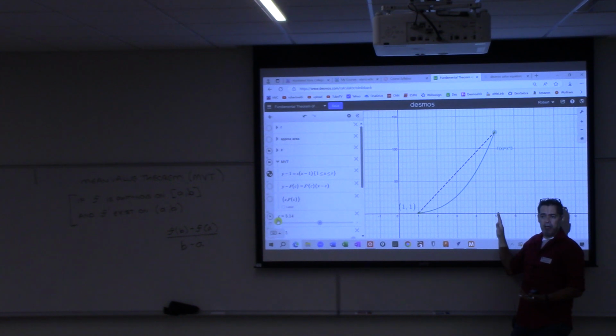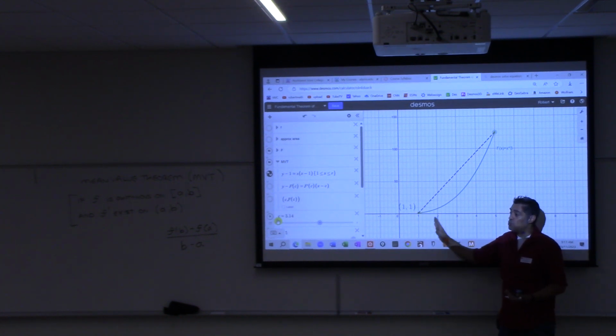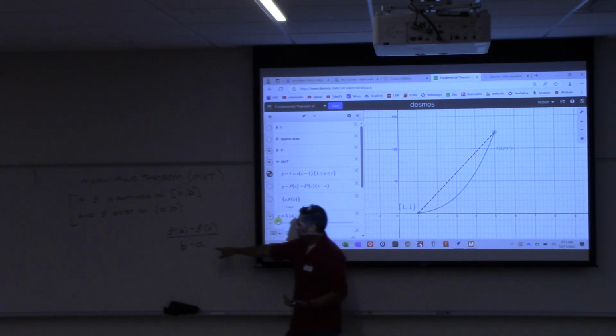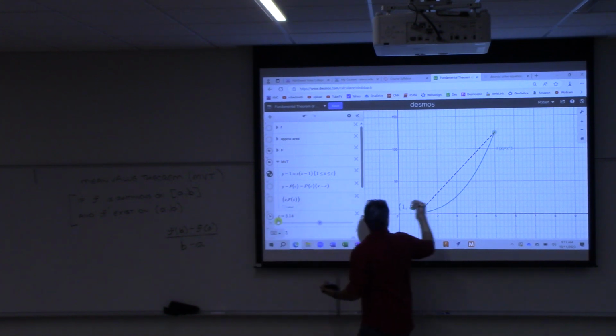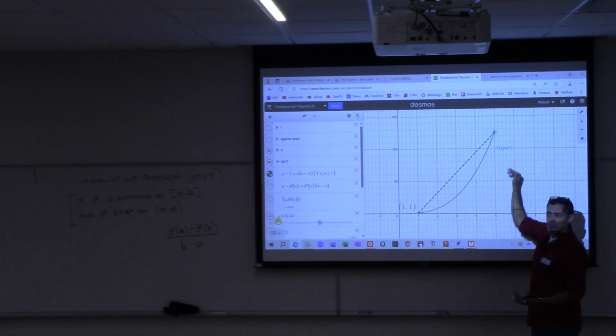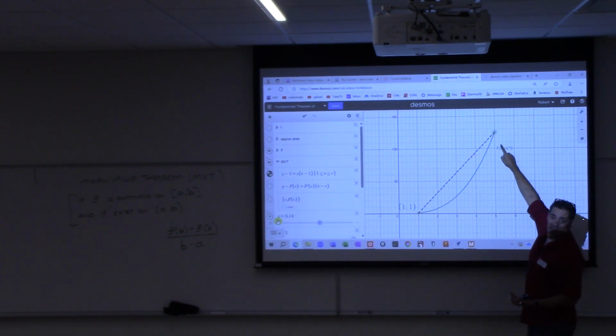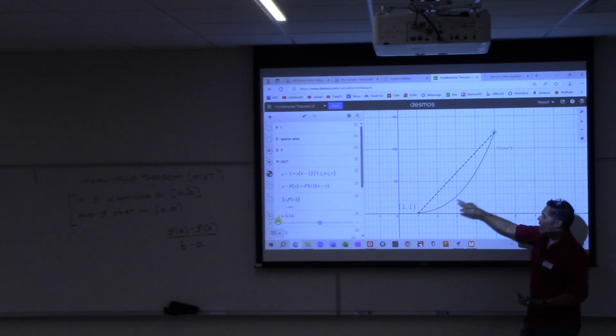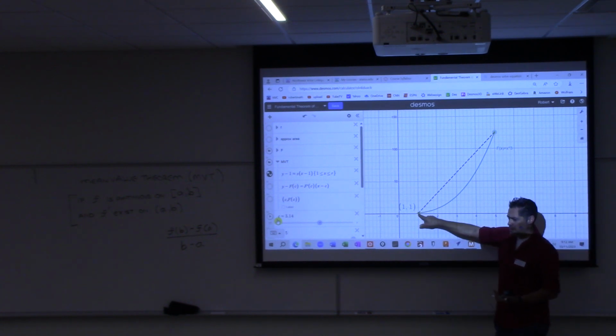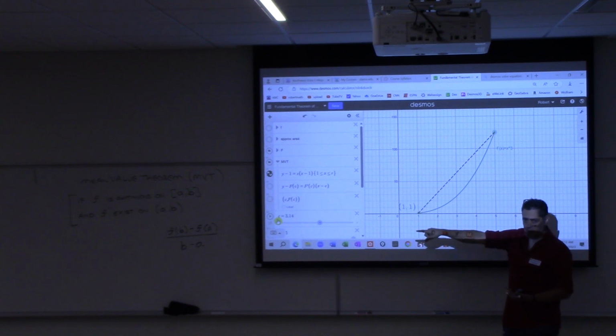Whatever this is, B, take away A. That's B minus A. That's your run. That's the bottom. The rise is the difference in the y coordinates. That top y coordinate is f of b, and the bottom y coordinate is f of a. Understand? So rise over run.